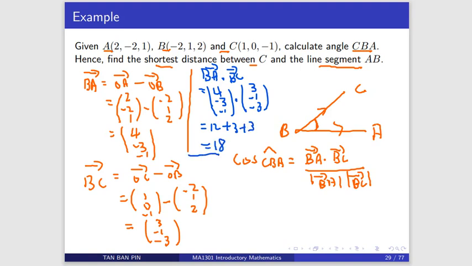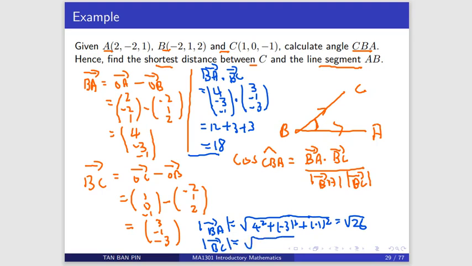And you can work out the magnitude of vector BA, which is the square root of 4 squared plus minus 3 squared plus minus 1 squared. So it gives you square root of 26. You can work out the magnitude of vector BC, which is the square root of 3 squared plus minus 1 squared plus minus 3 squared. So it gives you square root of 19.